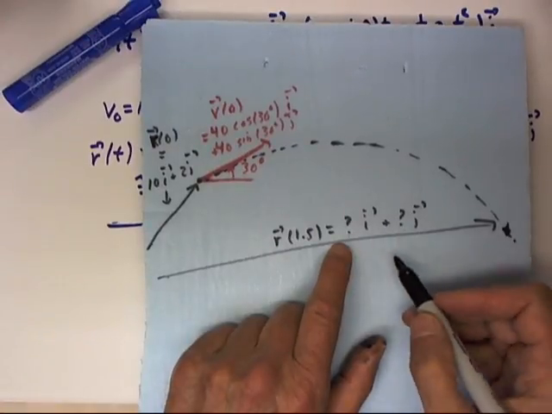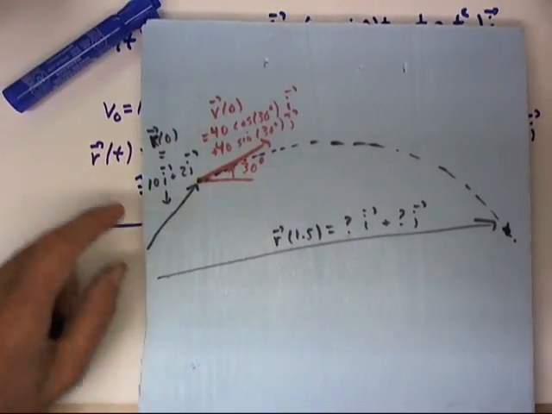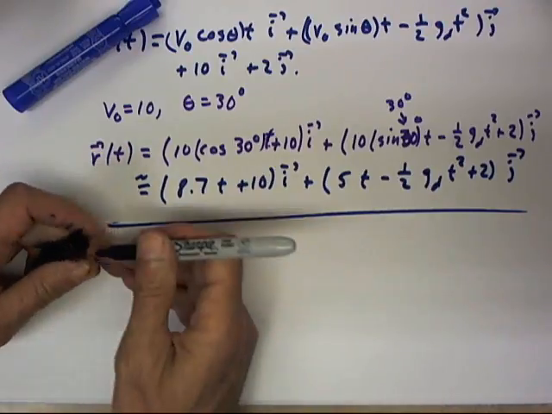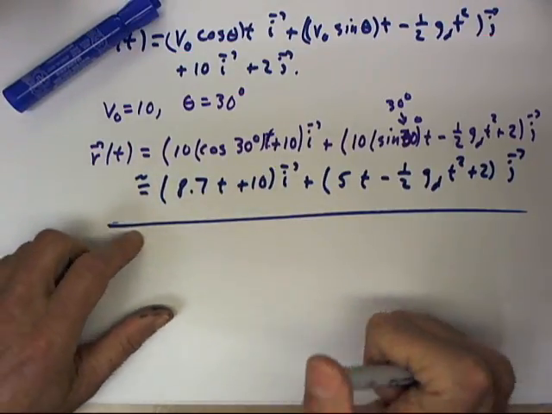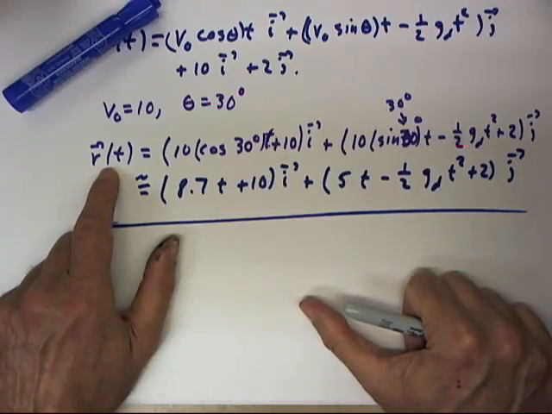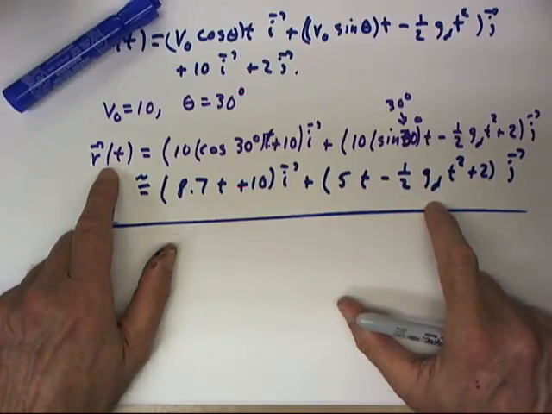I could fill in the question marks, have r of t equal to some function of i and j at 1.5, and plugging in those components, I could solve for g sub d.